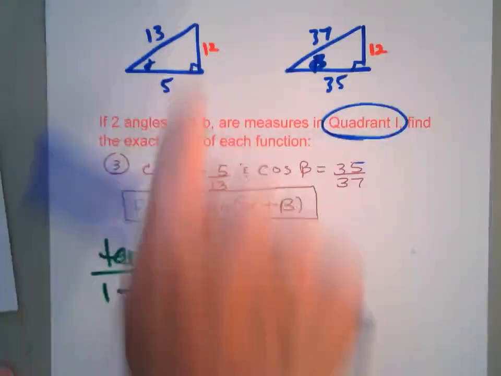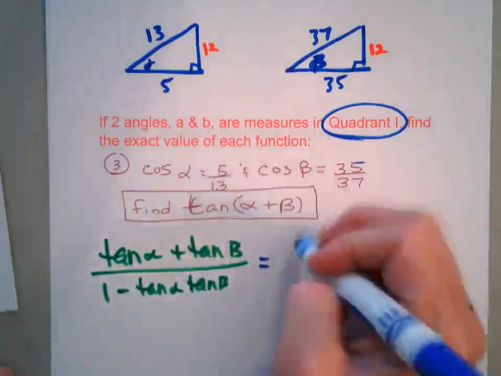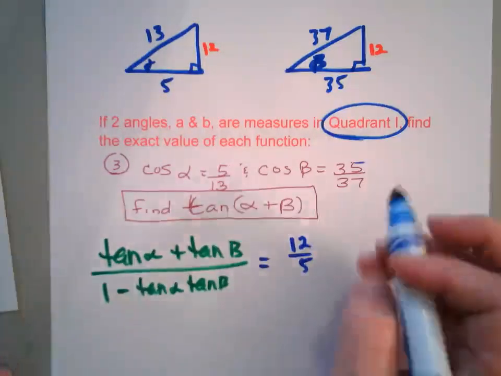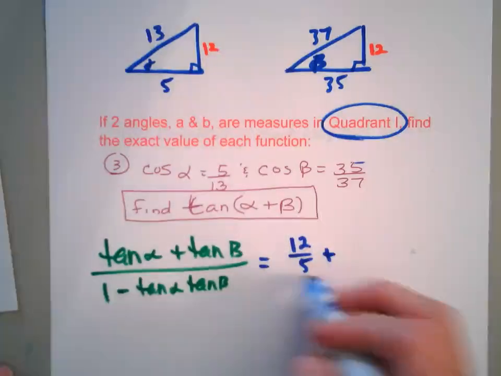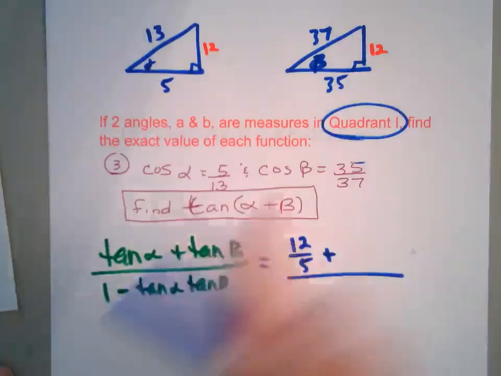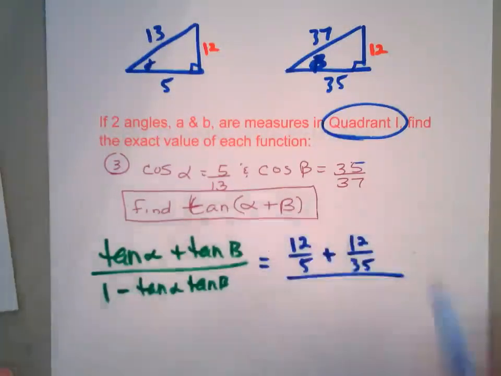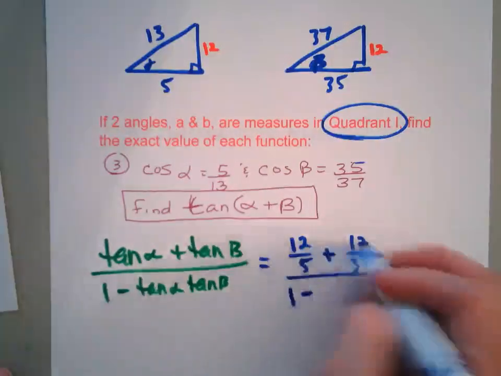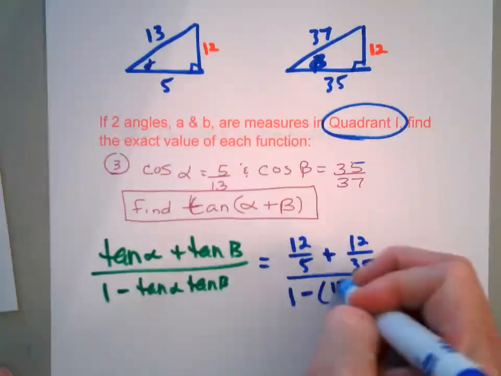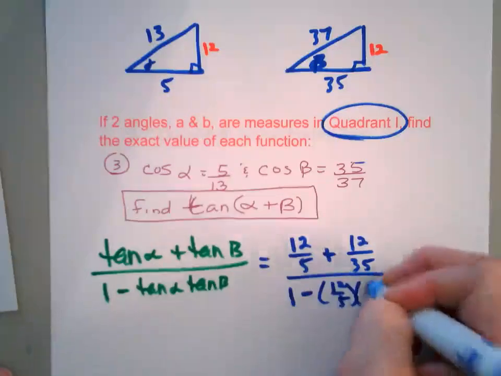Alright, tangent of alpha. Here's the alpha triangle, 12 over 5. 12 over 5 plus tangent of beta, 12 over 35. 1 minus those same two fractions. This time they're just multiplied.